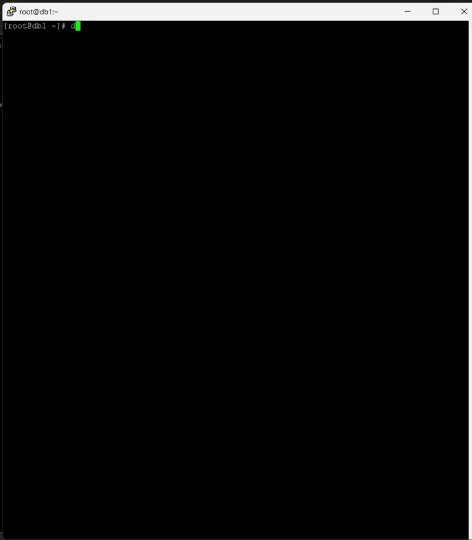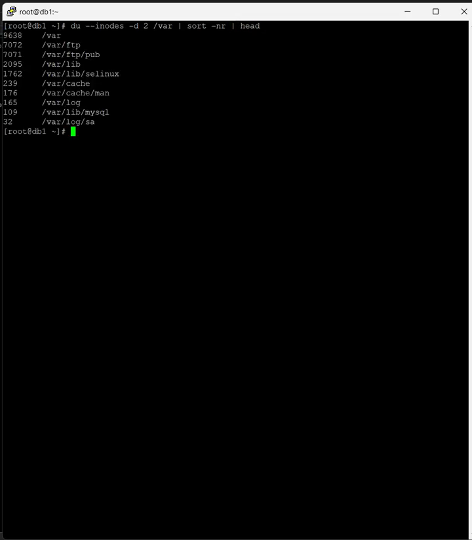Another way is du --inodes -d 2 /var | sort -nr. These are the directories having heavy inode usage. Likewise, we can identify and remove the inode files. This is one of the ways to identify the inode files.